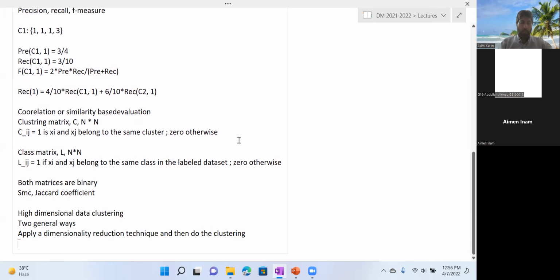So the second approach is basically to find clusters in subspaces directly. Okay, so this is not a two-step process. In other words, you can say that in this set of techniques, the reduction as well as clustering is done together.